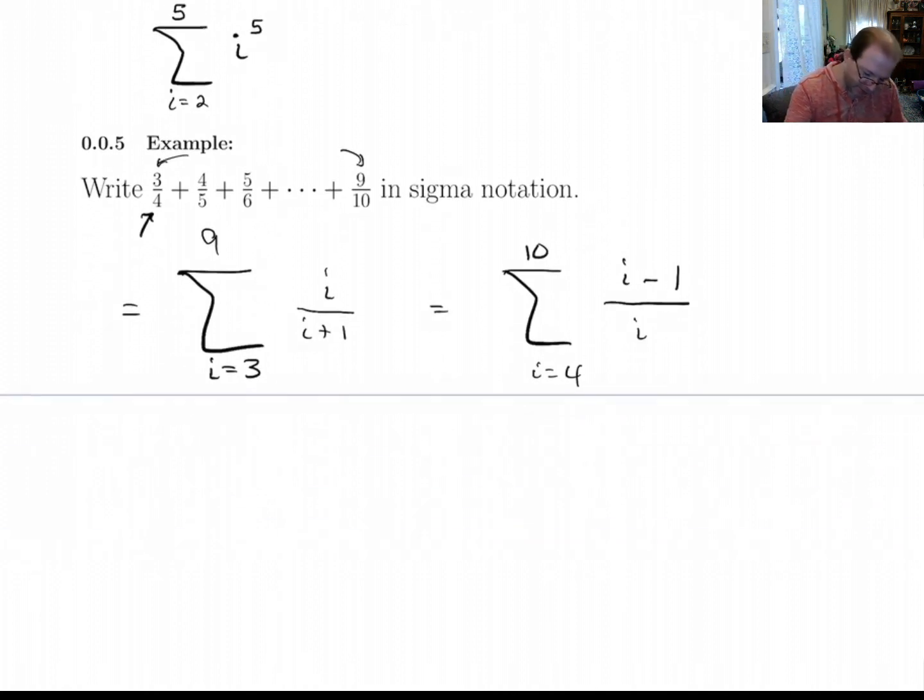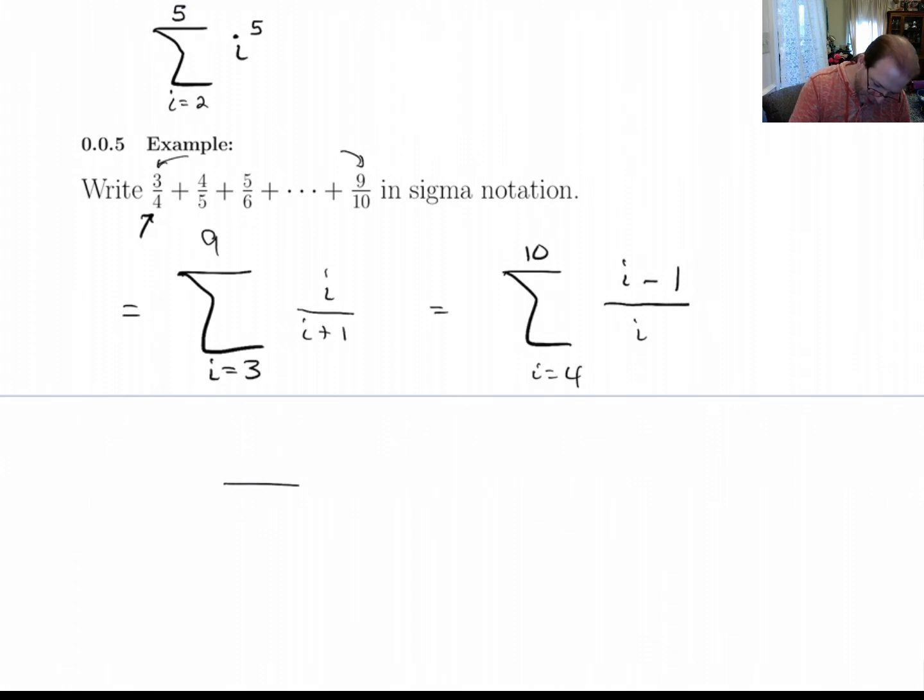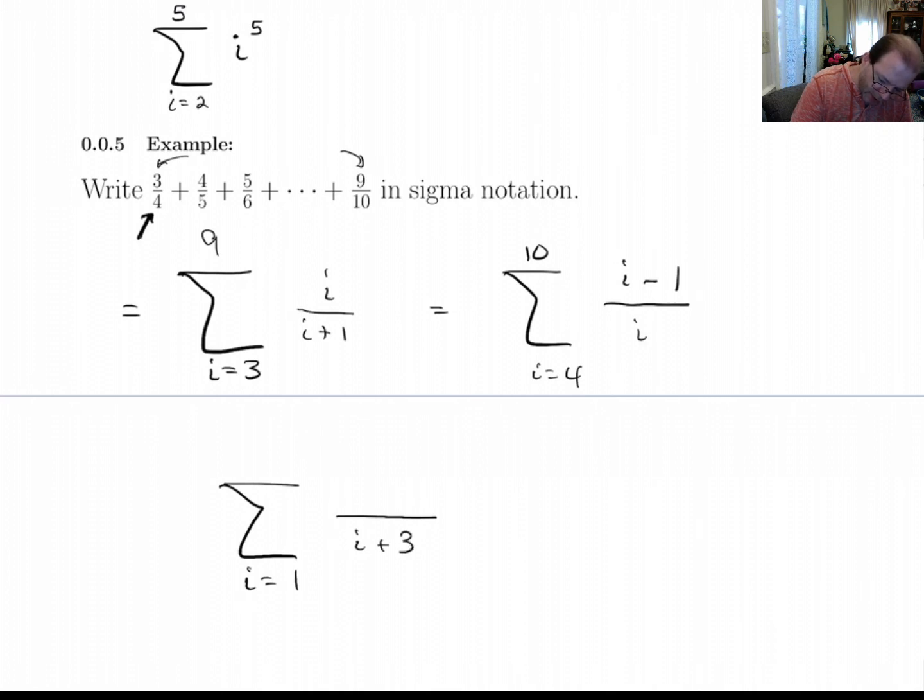And if you wanted to be deliberately obscure or something, you could come up with some other ways to do it. It might make sense to say I starts at 1, then this number down here is going to be I plus 3, and the thing on top is going to be I plus 2.